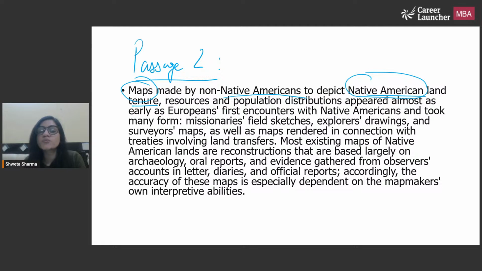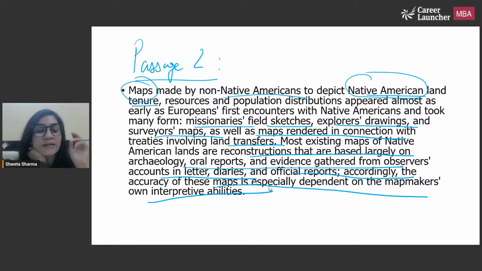Resources and population distributions appeared almost as early as Europeans' first encounters with Native Americans and took many forms like missionaries', field sketches, explorers' drawings, and surveyors' maps, as well as maps rendered in connection with treaties involving land transfers. Most existing maps of Native Americans are reconstructions that are based largely on archaeology, oral reports, evidence gathered from observers' accounts and letters, diaries, and official reports. Accordingly, the accuracy of these maps is especially dependent on the mapmaker's own interpretive abilities.